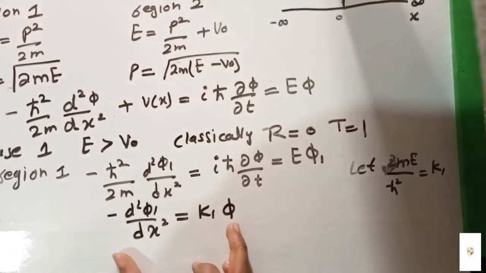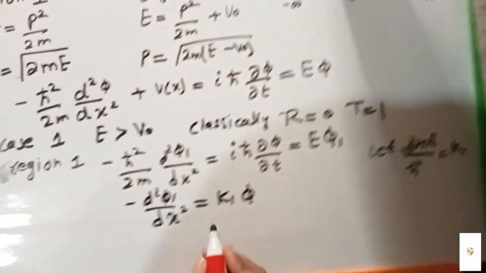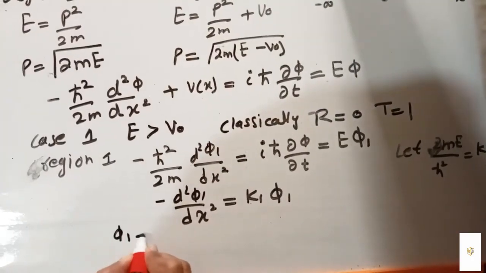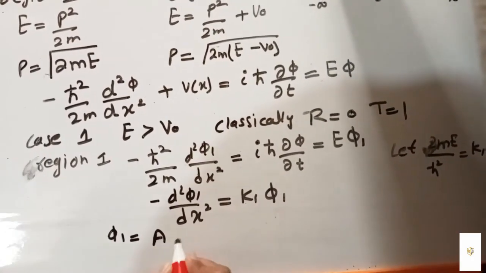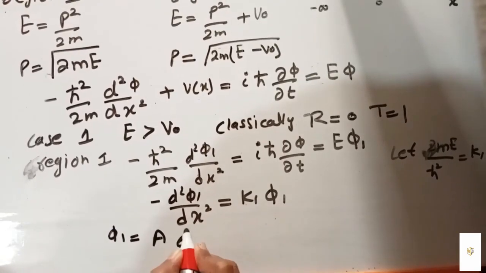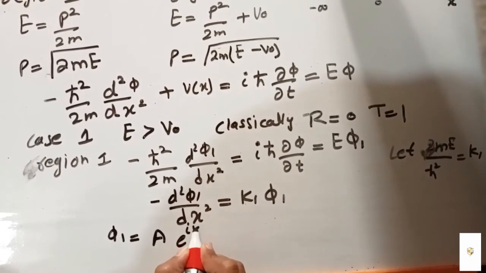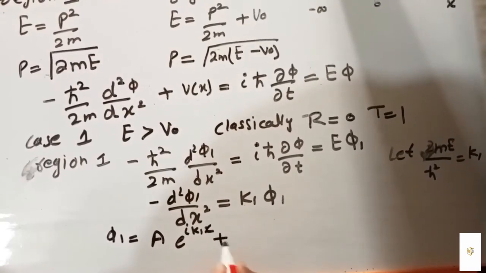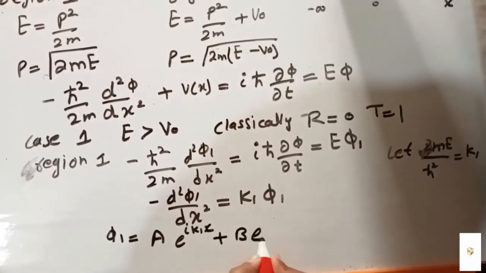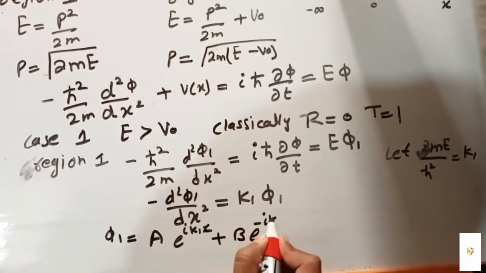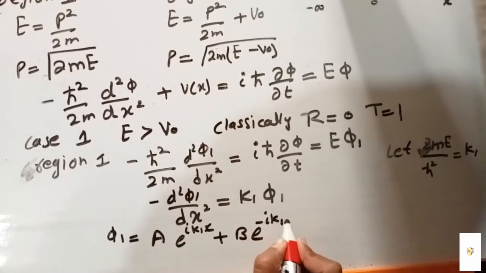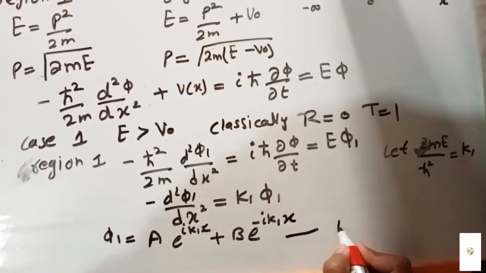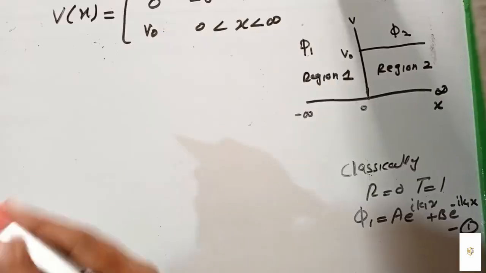And the solution of this equation is phi 1 is equal to A exponent iota k1 x plus B exponent minus iota k1 x, which we call equation number 1.